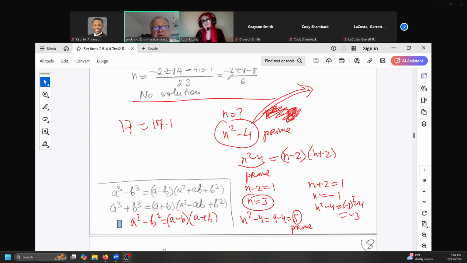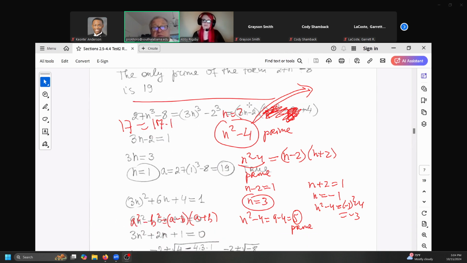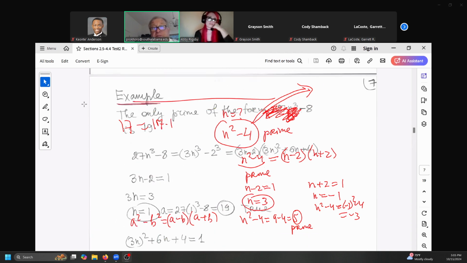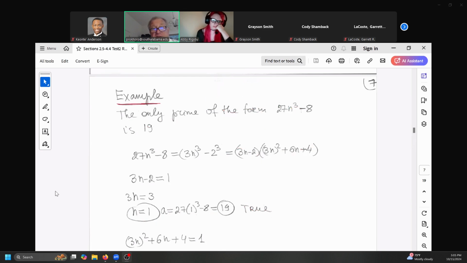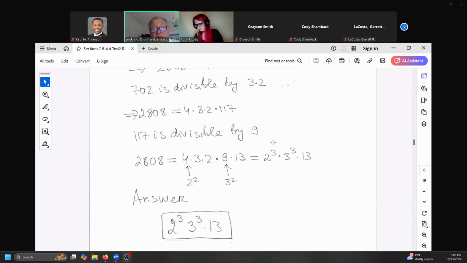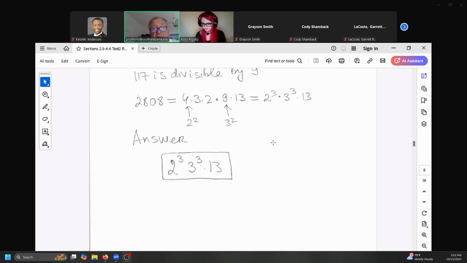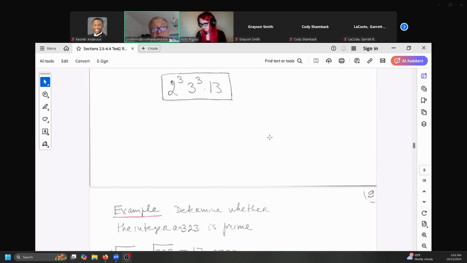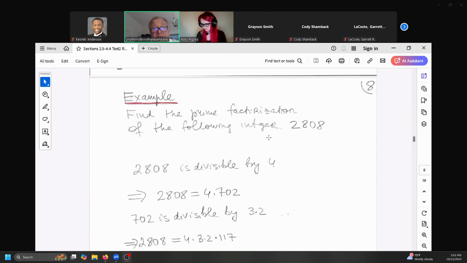A little bit more complicated example is when we have cubes, and you can read it by yourself. This one I will leave. So now let's do the next one. What is written right there?